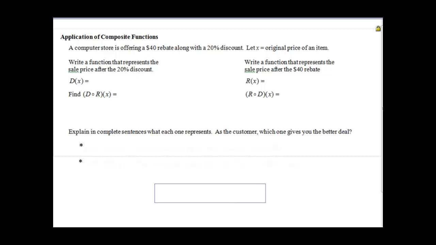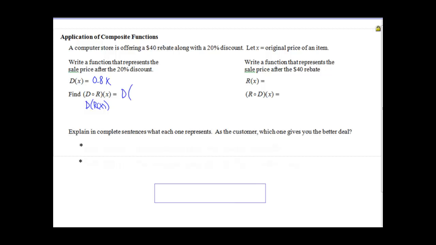So if we start on the far left, if we know d of x, well, if we write a function that represents the sale price after the 20%, which means we retain 80%. So if we retain 80% of the price, x is the original amount. So if we need to find d of r of x, d r x if we need to, we're going to take our d.